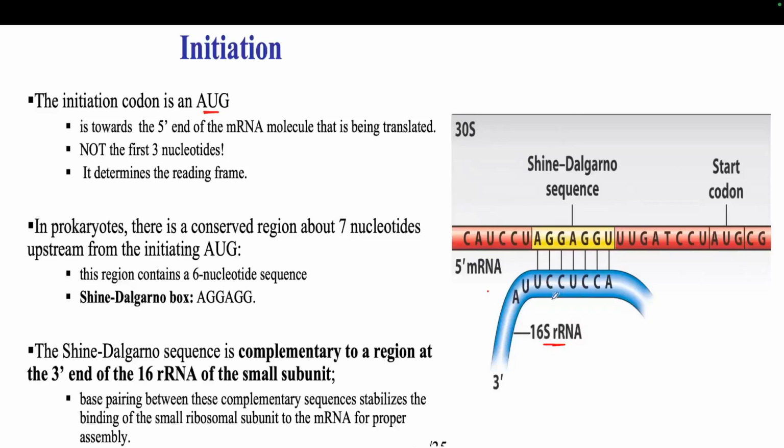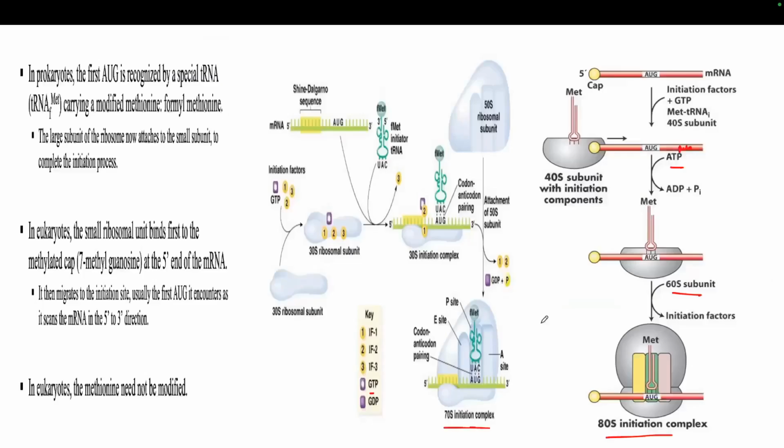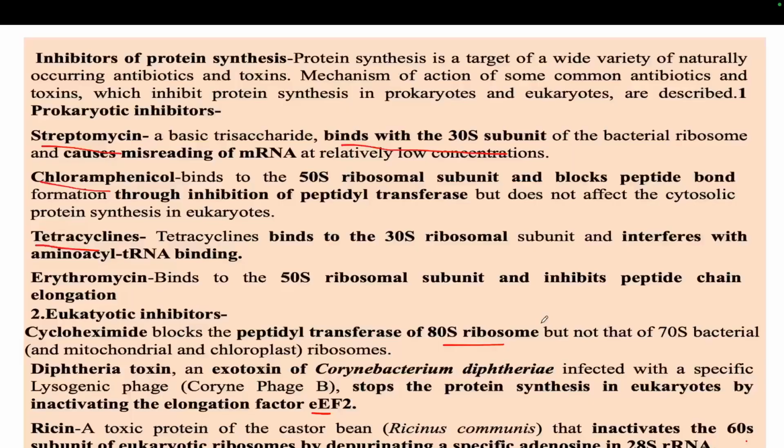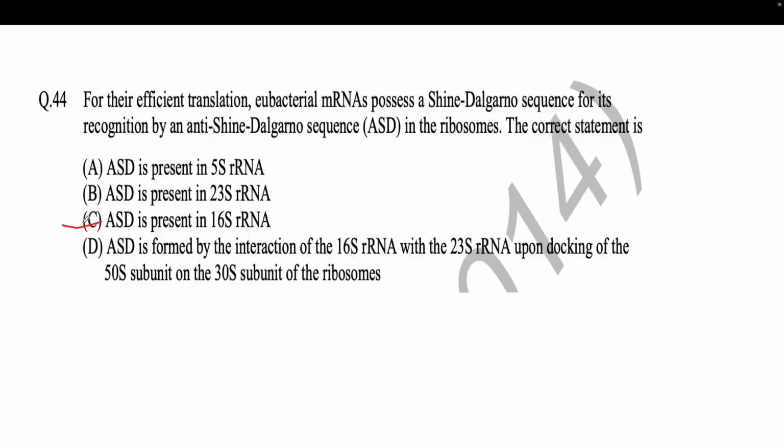So it is not made up of the docking of 50S or 30S. It is only part of the 30S, the 16S rRNA of 30S. So that's why the correct answer of this question will be 16S rRNA. Okay, not this one.